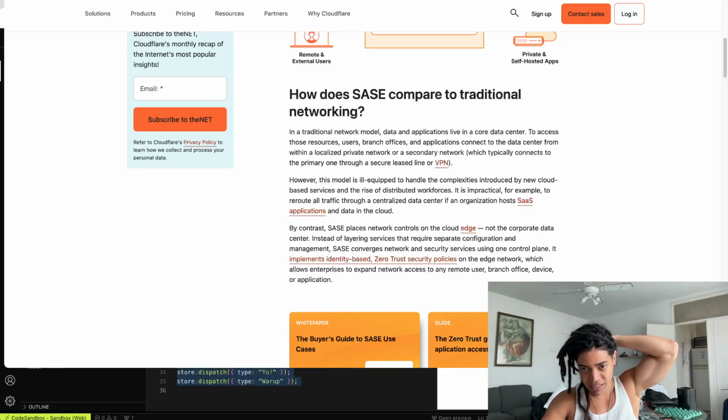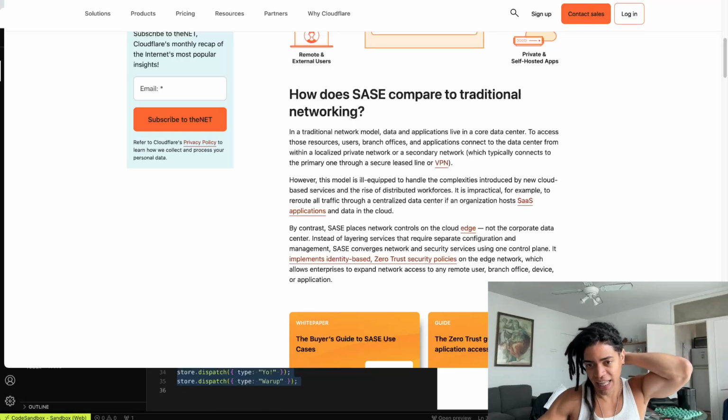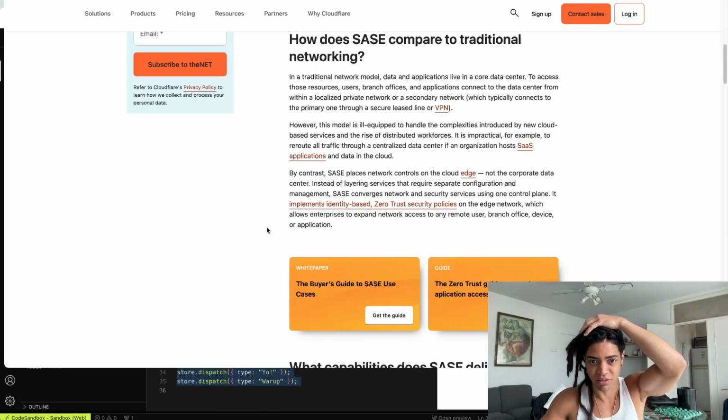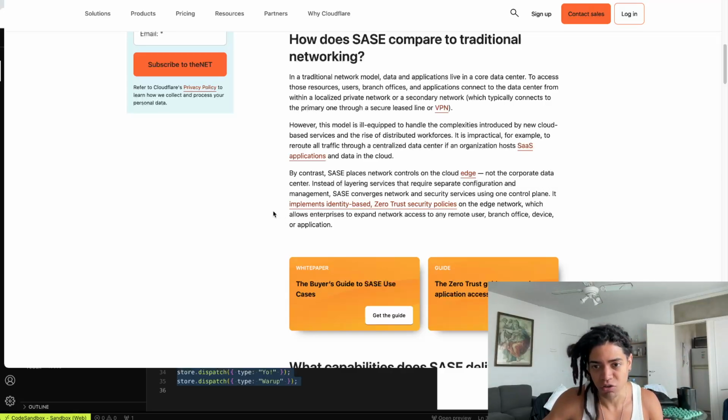SASE places network control on the cloud edge, not in corporate data centers. Instead of layering services that require separate configuration and management, SASE converges network and security services using one control plane.